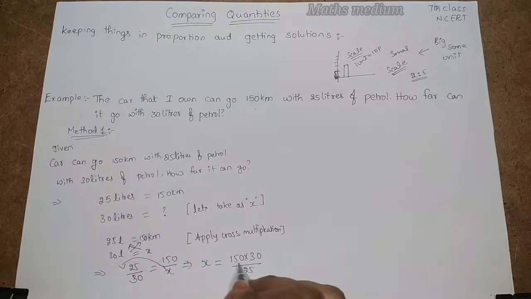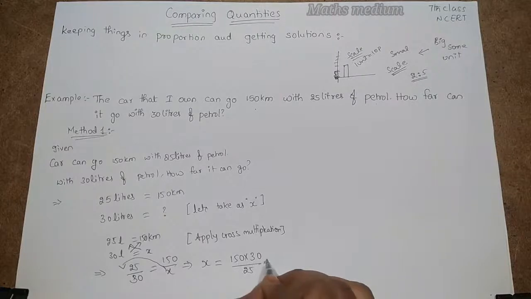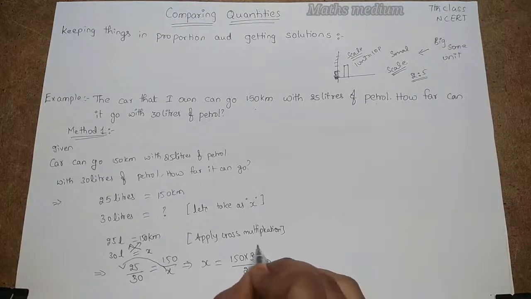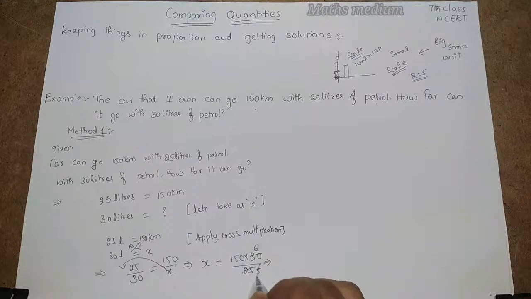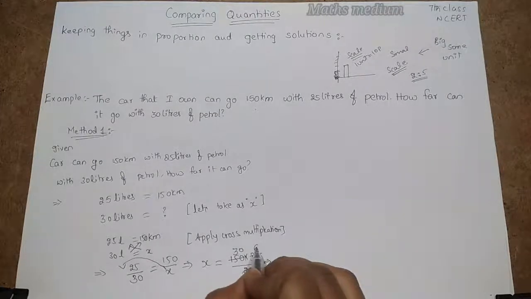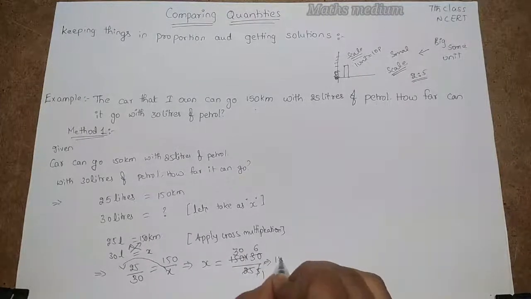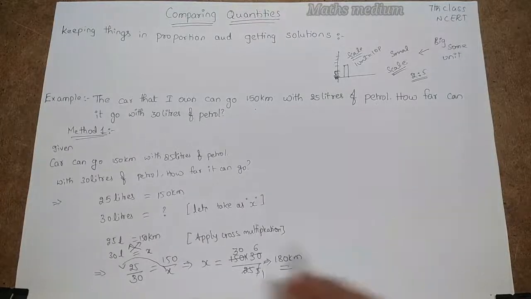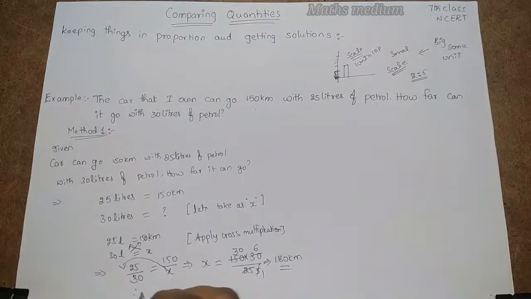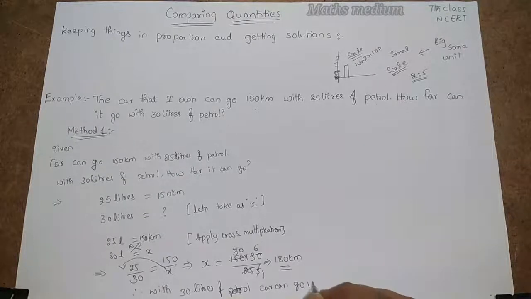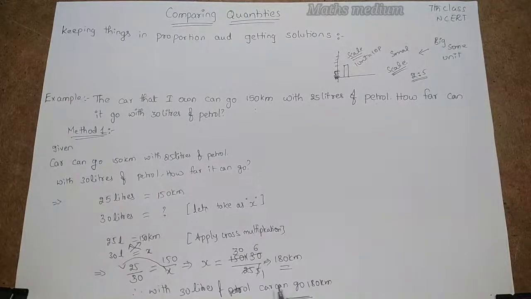Now to solve this, 5 5s are 25, 5 6s are 30, 6 30s are 180 kilometers. Therefore, with 30 liters of petrol, the car can go 180 kilometers. This is the one method.